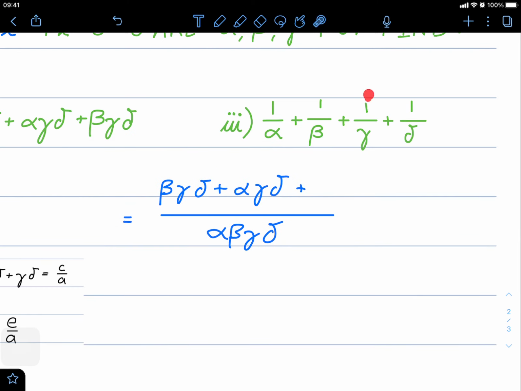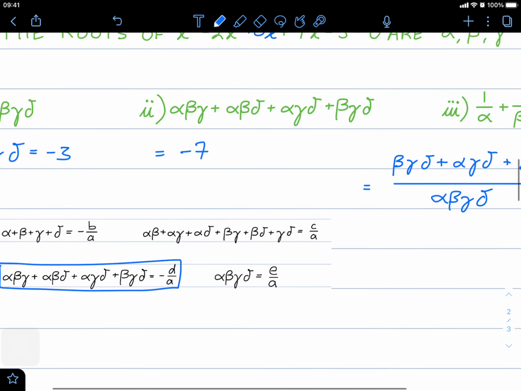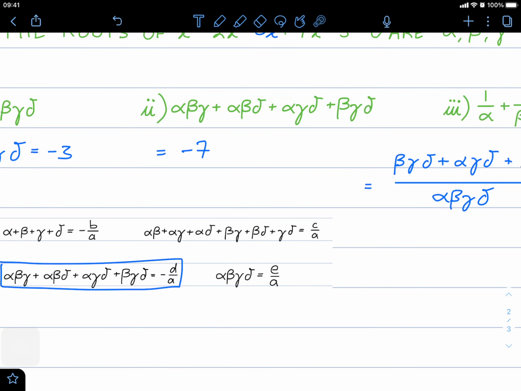The next one here needs alpha, beta, and delta. Alpha, beta, delta. And the last one needs alpha, beta, gamma. These are just the sums of all the triples once again. Here they are.